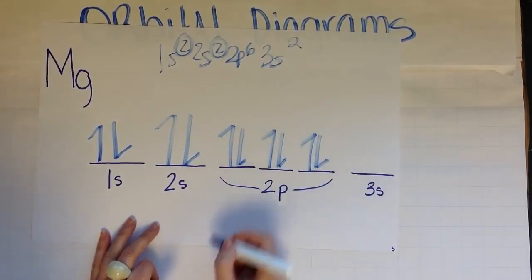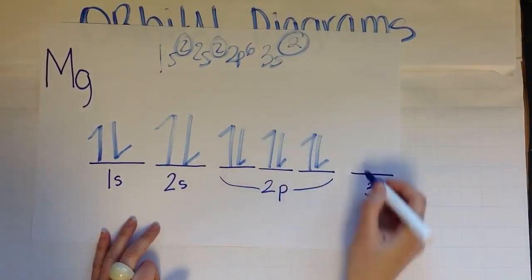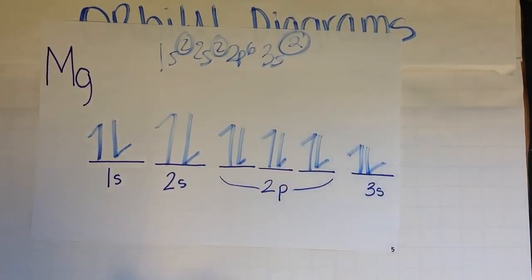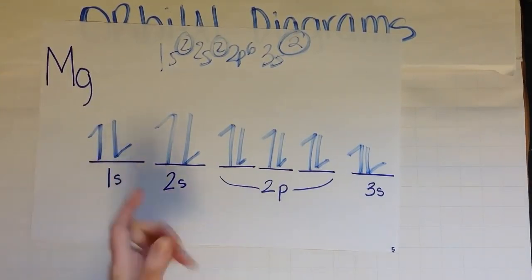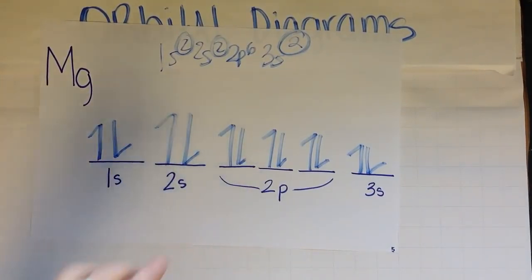They fill in separately and then they pair up. And then the 3s, 1 goes up, 1 goes down. So if you remember, s's only have 1 orbital, p's have 3, d's have 5, and the same thing happens in the d's. They all line up separately, and they pair up in the end. And the f's have 7.